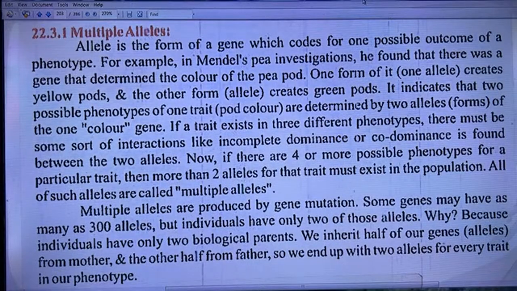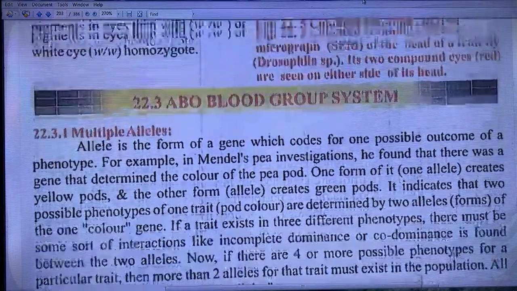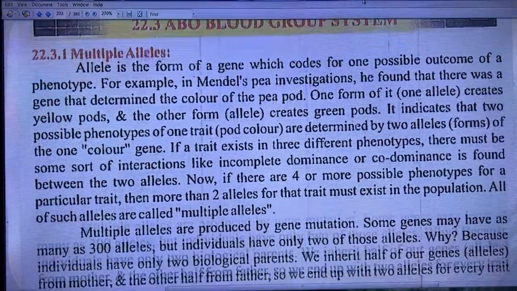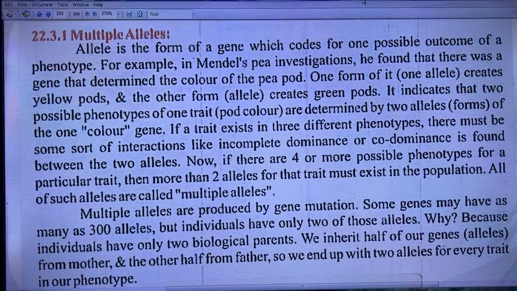Multiple alleles. An allele is the form of a gene which codes for one possible outcome for a phenotype. For example, in Mendel's investigations, he found that there was a gene that determined the color of the pea pod.